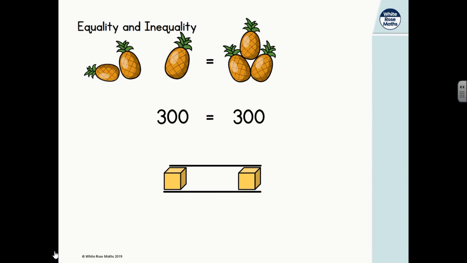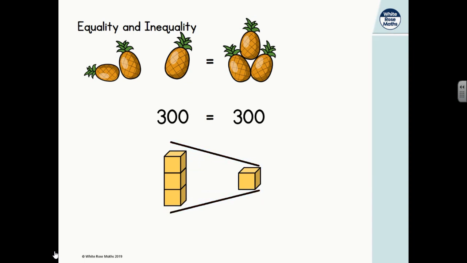What if I add some more cubes to one of the sides? No longer equal. So I need to change my symbol. This is an inequality sign. This is the greater than sign because 3 cubes are greater than 1 cube. And this is how we write it, because 3 is greater than 1.